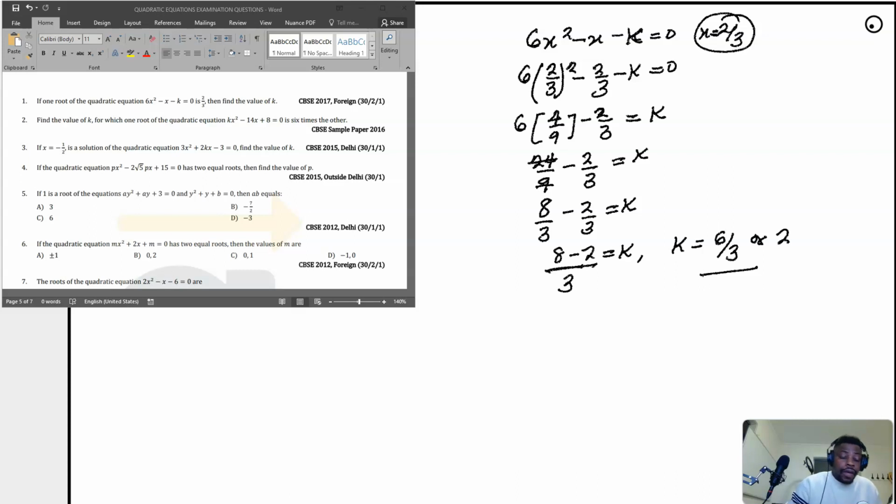You can confirm if you are correct. Just put the value of k. So 6x squared minus x minus k is 2 is equals to 0. So let's factorize this one, okay?